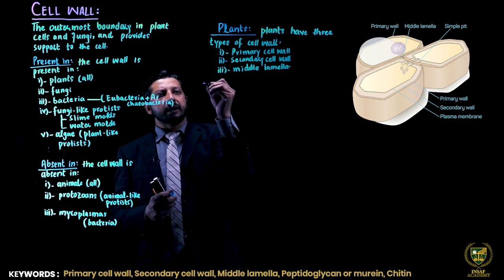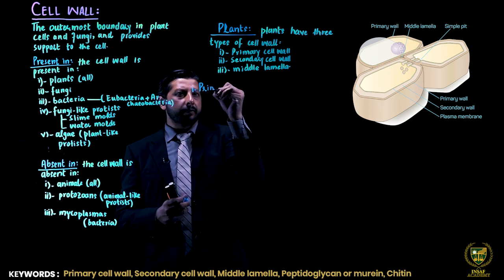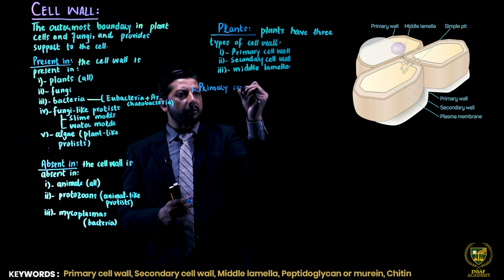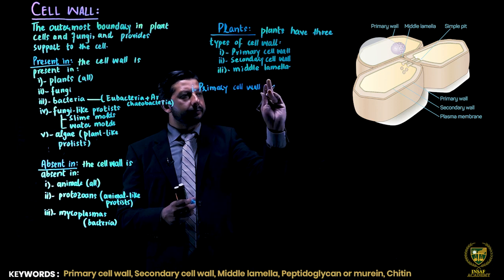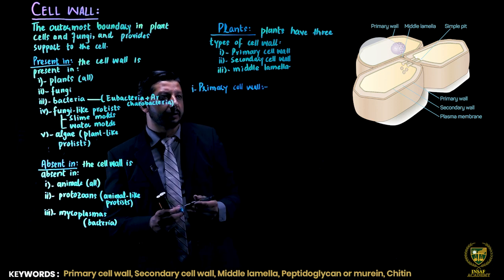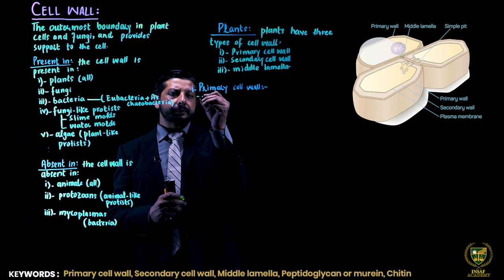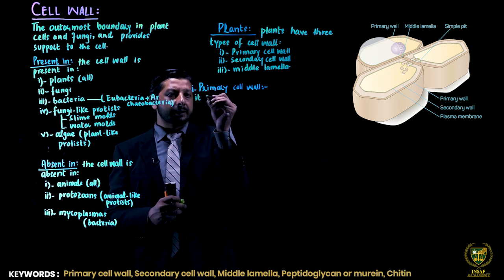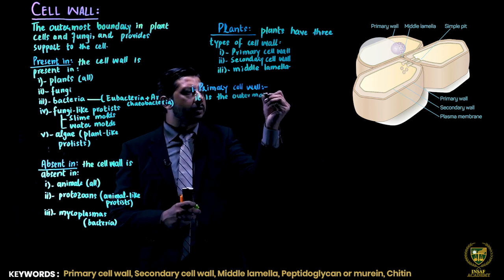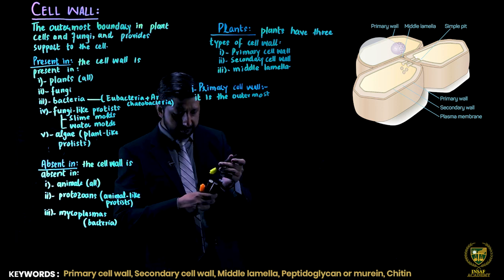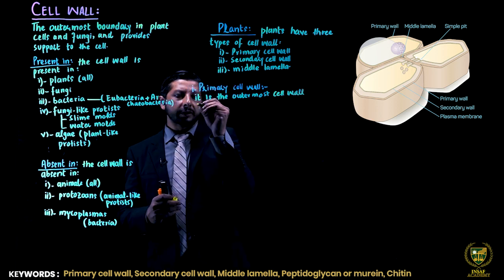So number 1 is the primary cell wall. So dear students, primary cell wall, it is the outermost cell wall in plants.